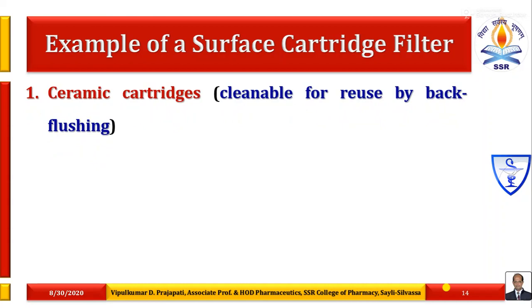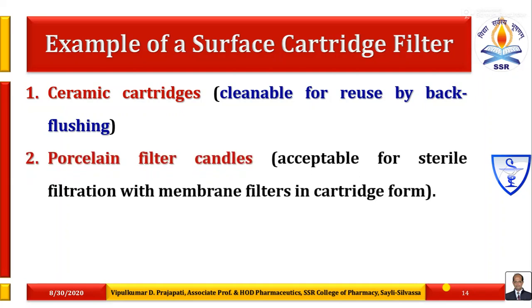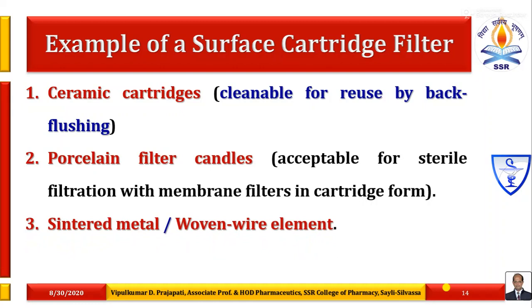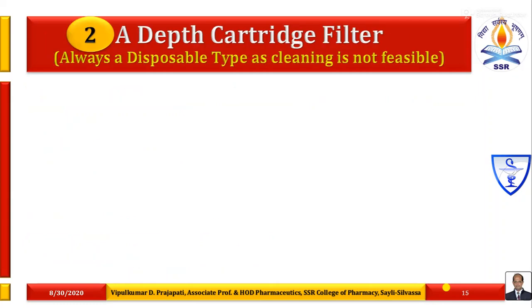They are cleanable for reuse by backflushing. Second is porcelain filter candles, acceptable for sterile filtration with membrane filters in cartridge form. Third one is sintered metal or woven wire element, and fourth one is metallic edge cartridge filters. So these are the four examples of surface cartridge filter units.